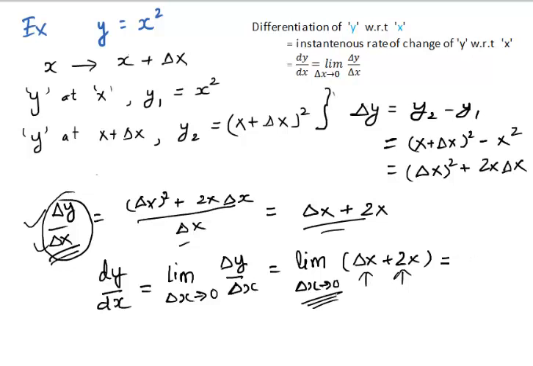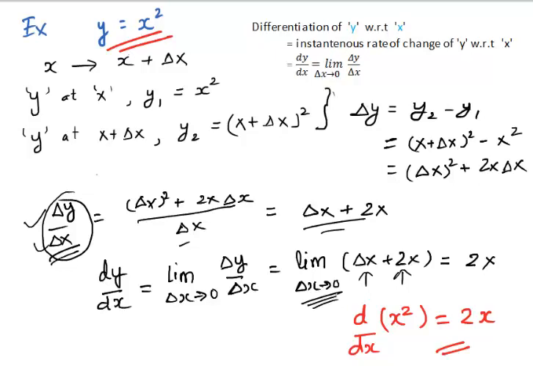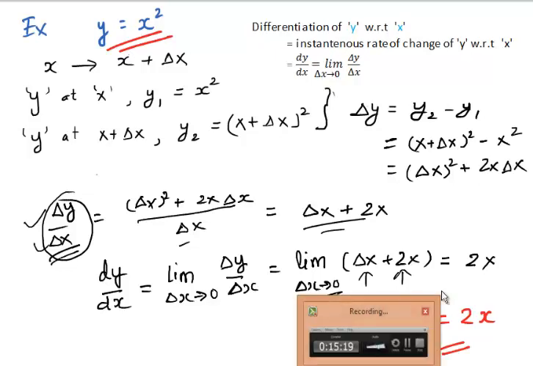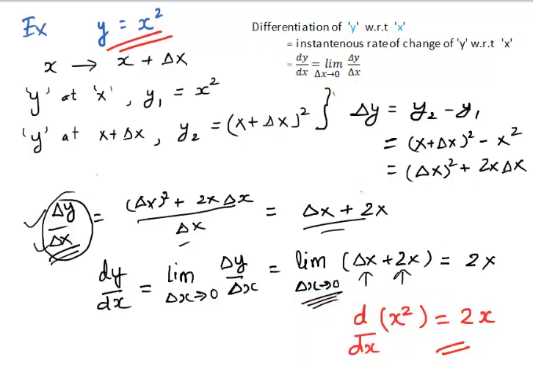We can neglect delta x as it is very small and the answer would be 2x only. dy by dx of a function y equal to x square, here y is equal to x square, dy by dx or d by dx of x square is nothing but just 2x. So that would be the formula for dy by dx of x square.